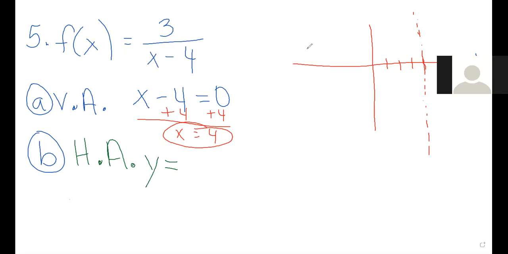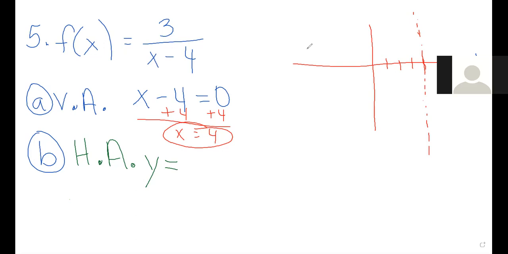So vertical asymptote is x equals, horizontal asymptote is y equals. And remember, you do have to have that. You can't just say for your vertical asymptote the answer is 4. Hawks will count it wrong because it says they want an equation, and so that means they want the x, the equals, and then the number. And same thing here, they want the y, the equals, and then the number. So for your horizontal asymptote, here's another one with a trick.